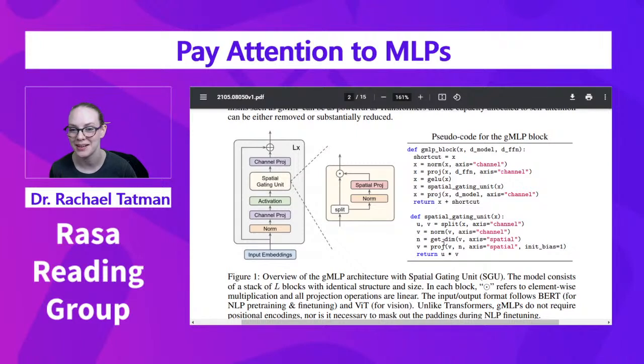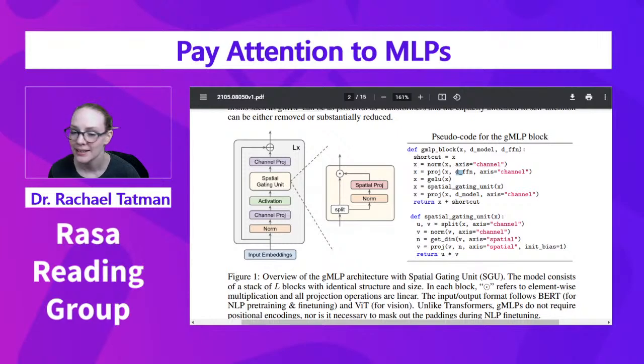Again, that's not the word I'm looking for. And then you do the spatial gating unit, and then the final projection. So except for the spatial gating unit, this is your basic MLP feed-forward network. No, sorry, I look at that word and my brain's like, attention! Attention's the word you're looking for. It's not.